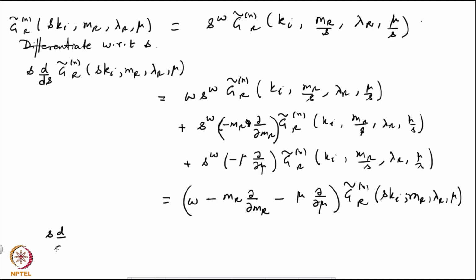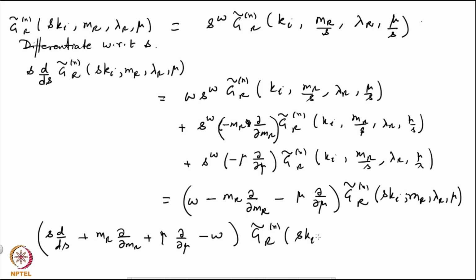So you get s d over ds plus mr del over del mr plus mu del over del mu minus omega acting on g tilde r, g tilde n, ski, mr lambda r mu equal to 0.